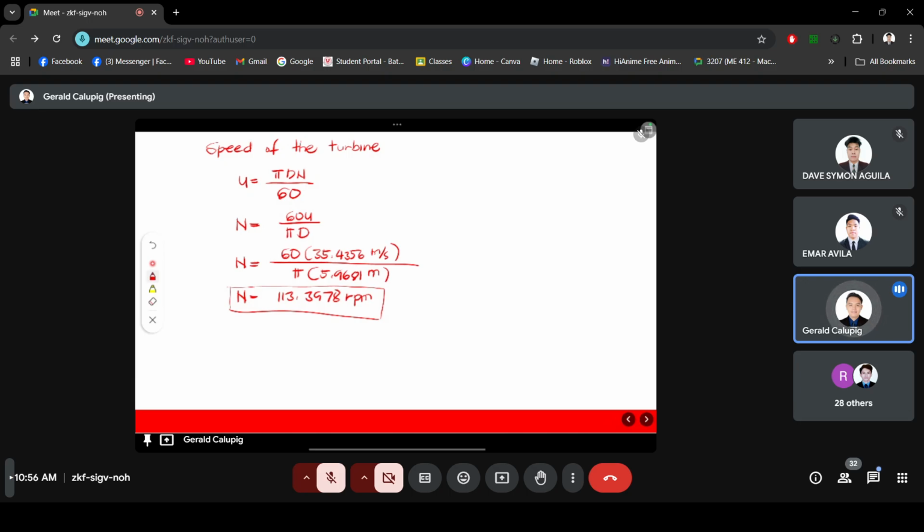So, do you have any question po for the sample problem number 4? May question po ba? If none, we can proceed to the next problem or to the last problem we have here for turbine.